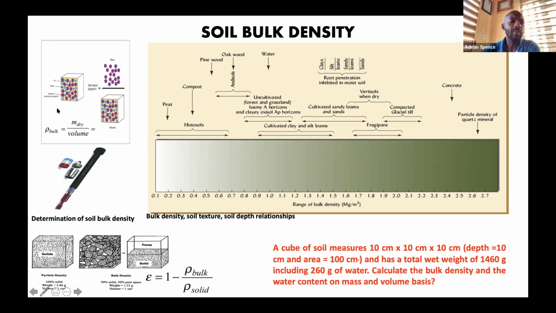So when we talk about bulk density, remember in the earlier slide, we said that soil has 3 phases: your solid, your liquid, and your gaseous phases. Here, each is actually identified by a different color. So your solid phase, which is purple, if I'm seeing that correctly. Your gaseous phase is yellow, and your water, blue.